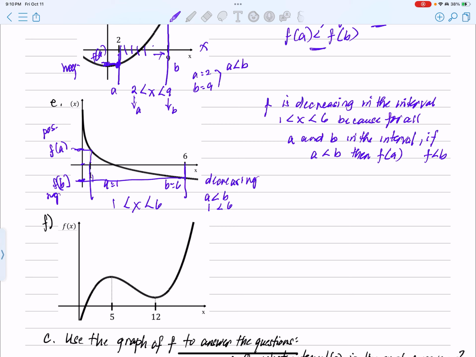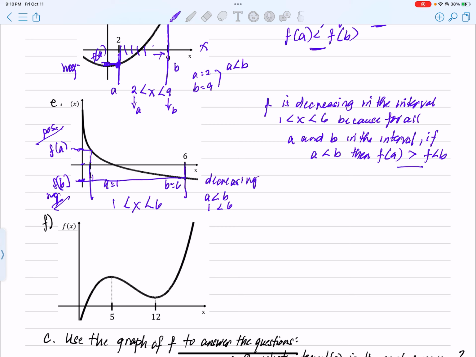It's greater, right? Because positive is greater than negative. That means the function of A, oh, I have written it already here. Function of A is greater than the negative.